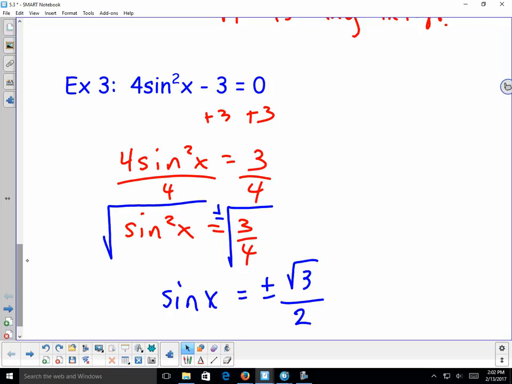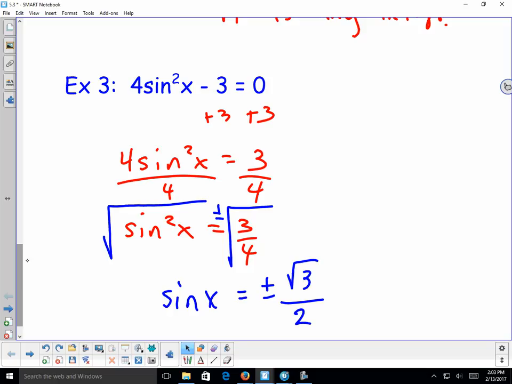So where on our unit circle is the sine equal to square root of 3 over 2 or negative square root of 3 over 2? Brendan? For the positive square root of 3 over 2, that would be 2 pi over 3 or pi over 3.